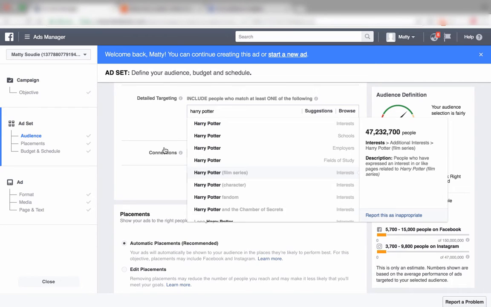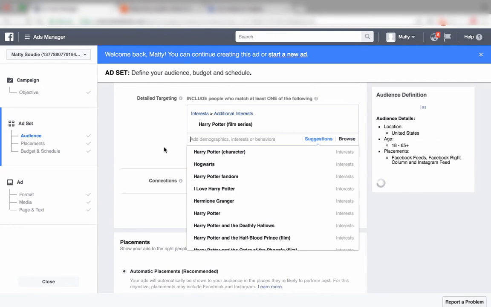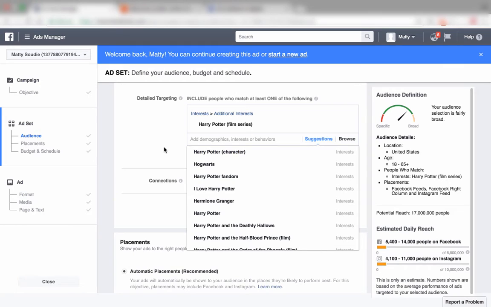Alright, cool, I want to advertise my product to people that have seen the Harry Potter film. But like I said, I'm someone that's seen the film, but I'm not going to buy the product. So you don't want to be wasting your reach on me. I'll explain why that matters later on, but just understand for now, this is broad targeting. This is what you do not want to do.